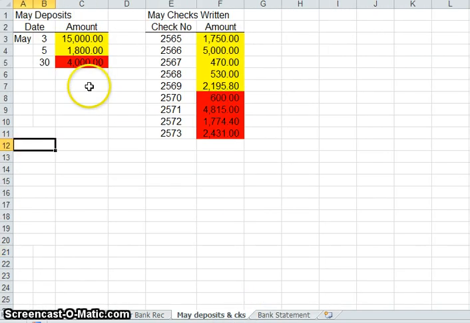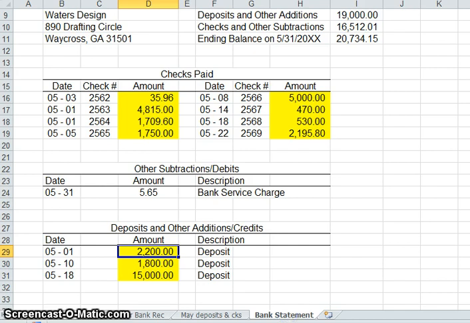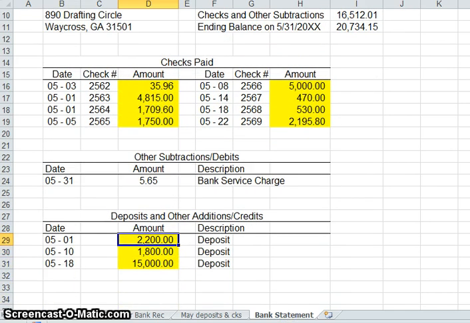So now we've made note of what has already been reported on the bank section and what hasn't. The red has not yet gotten there. So those are obviously going to be some reconciling items, reasons we have differences between our ending balance and the bank's ending balance. The other thing we need to do is look at the bank statement. Are there any items or dollar amounts on here that I have not cleared or checked off yet? You should see one.